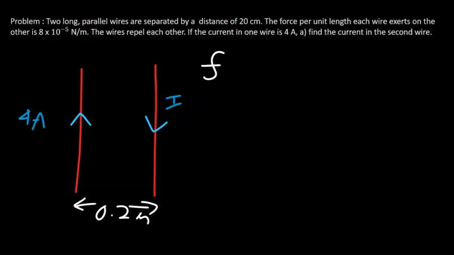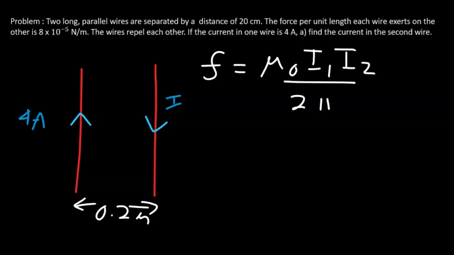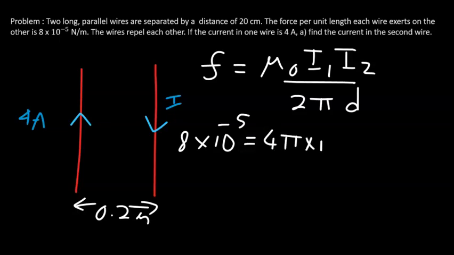The expression for force per unit length is given by mu naught, the product of the two currents, over 2 pi, the distance. We know what the force per unit length is. It's 8 times 10 to the power minus 5. Mu naught is a constant, 4 pi times 10 to the power minus 7.